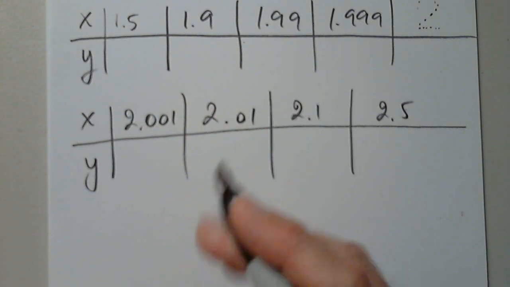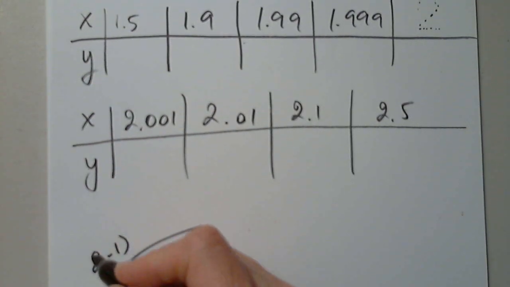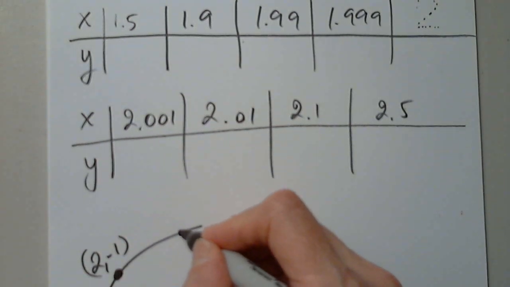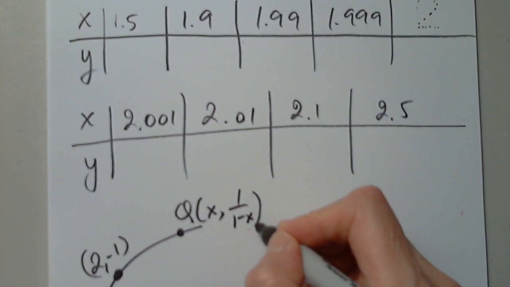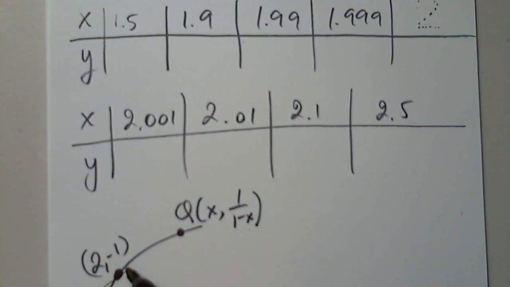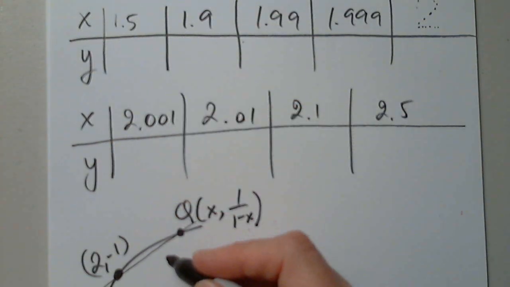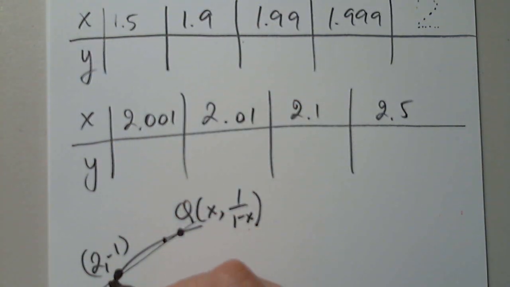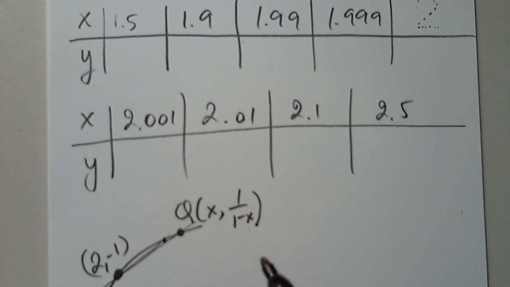So I don't graph the function, but what I'm saying is this is, let's say, point 2 comma -1, and this is point Q. Point Q is x, 1 over 1 minus x. And all we are trying to determine is this when x is 1.5, this when x is 1.9, and so on and so forth.